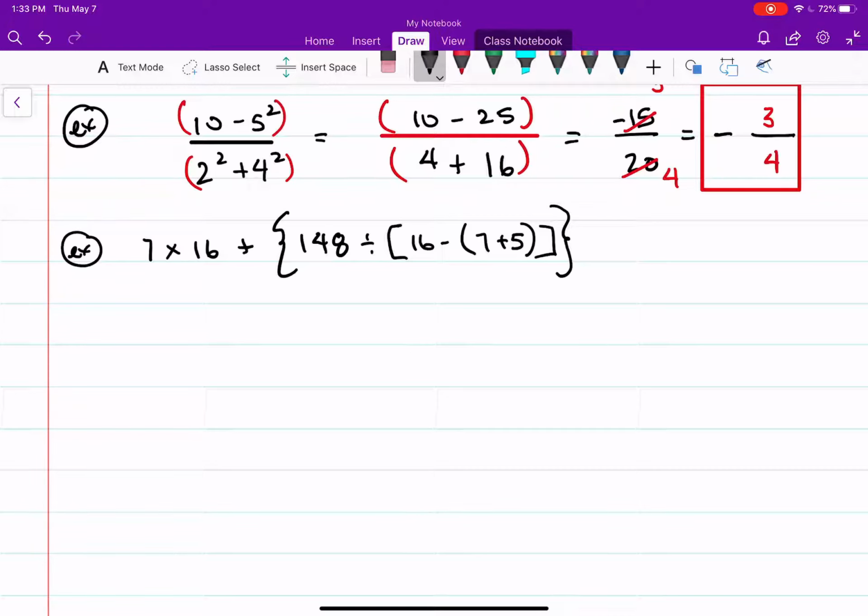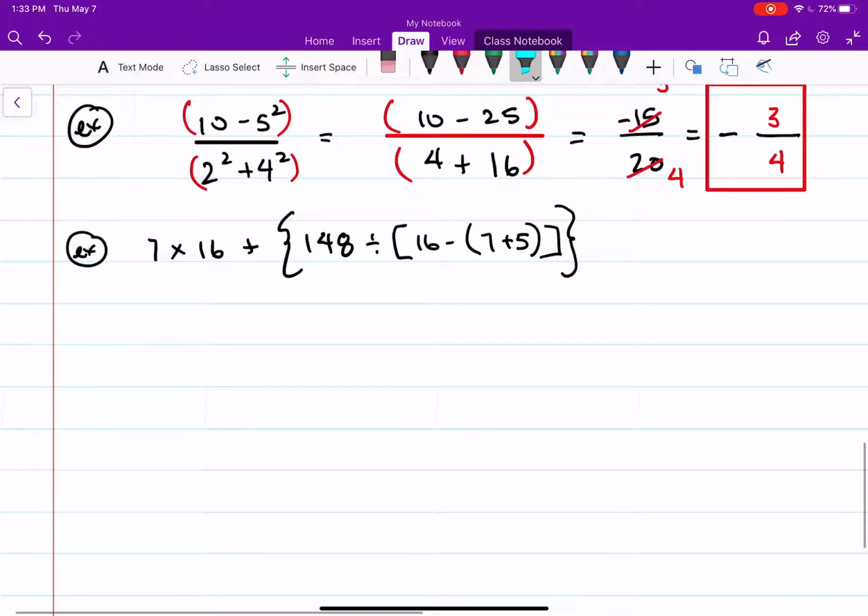Order of operations says I have to deal with this whole thing first because that's the parentheses. However, inside this parentheses, I go through the order of operations again, so I have to deal with that parentheses. Inside that parentheses, I have to go through the whole order of operations again, which tells me I actually have to deal with that first.